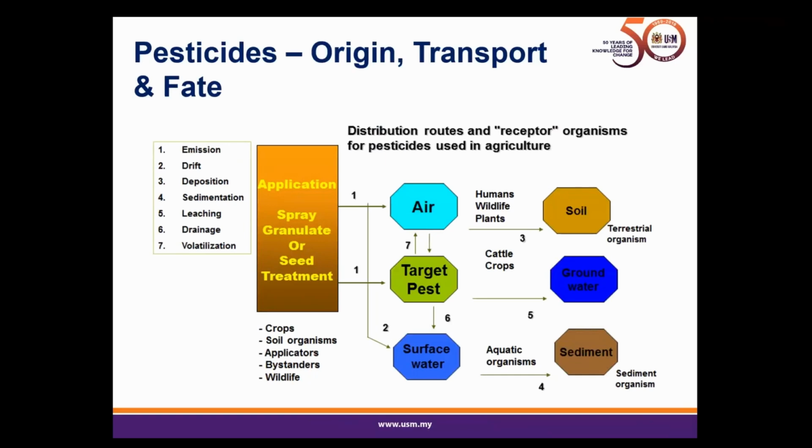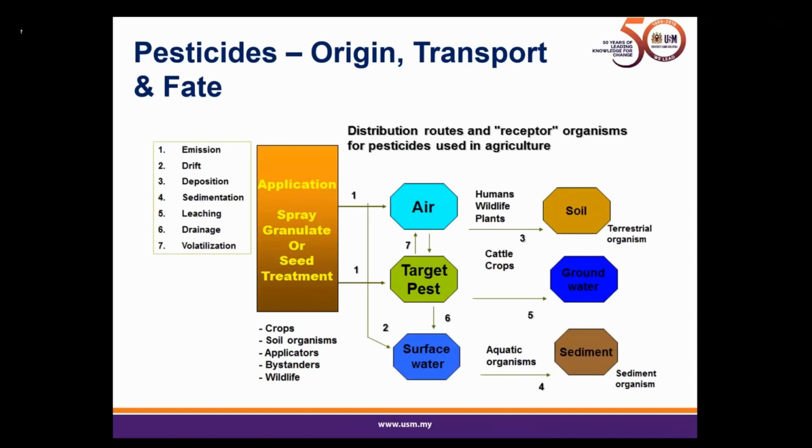They have different patterns and persistence in the environment, whether it is air, soil, or water. We need to know how they're transported so that we can predict the acute and chronic exposure, because it depends on the media of the exposure, which is air, soil, and water.